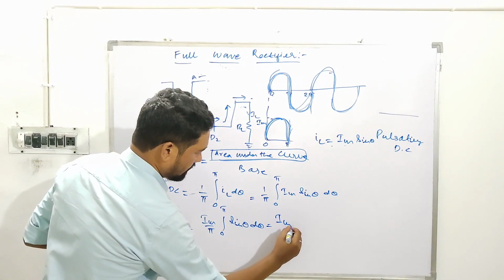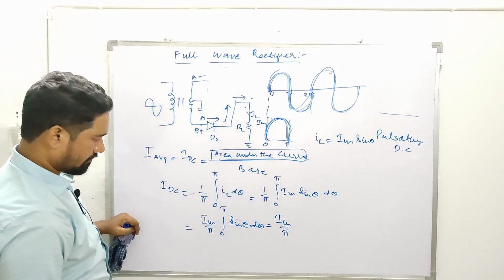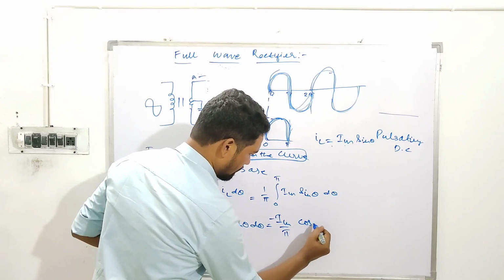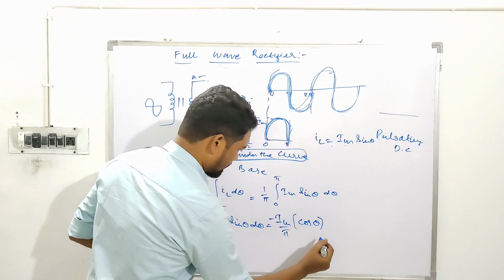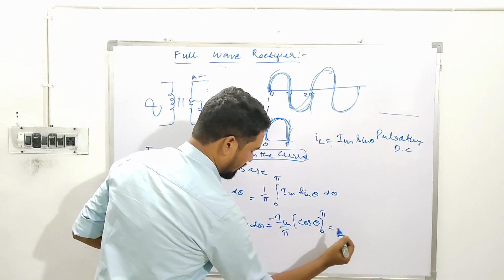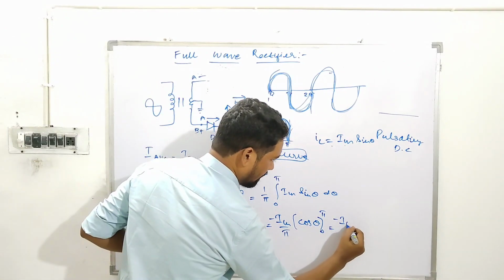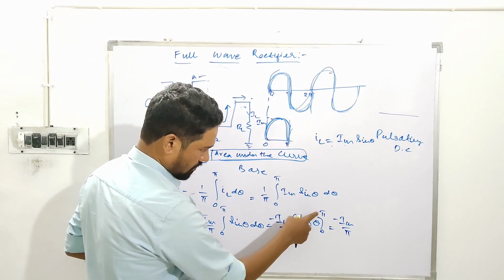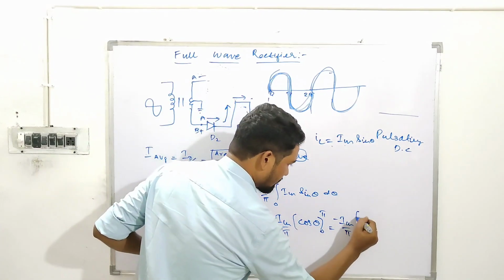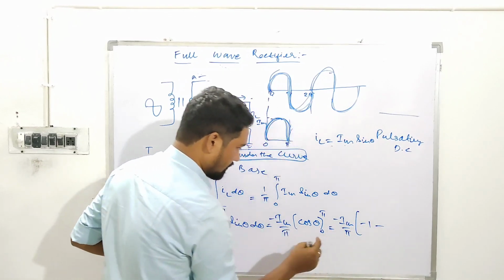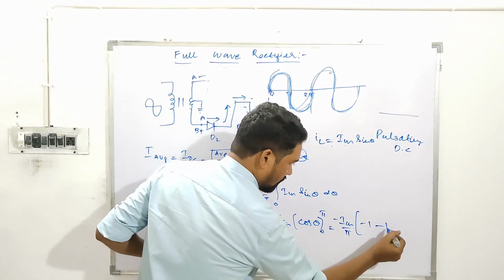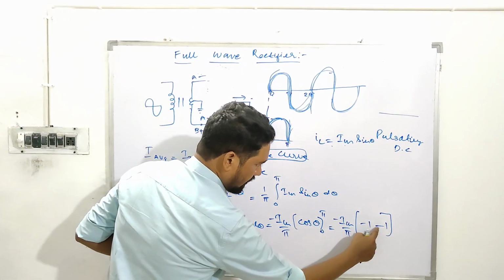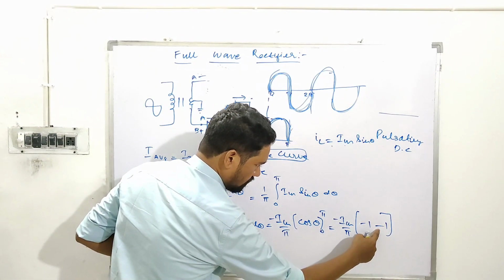So Im by pi as it is, no change in that. The integral of sine theta is minus cos theta, and the limits are 0 to pi. Plugging in the values, we have minus Im by pi, upper value cos pi, which is minus 1, minus cos 0, which is 1.